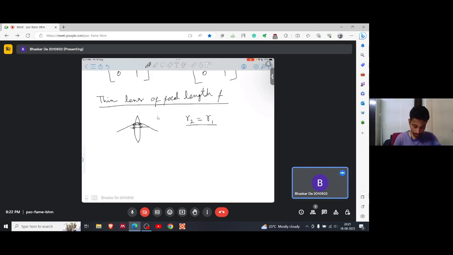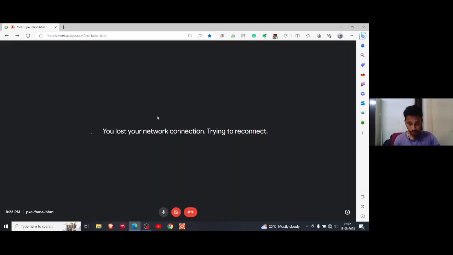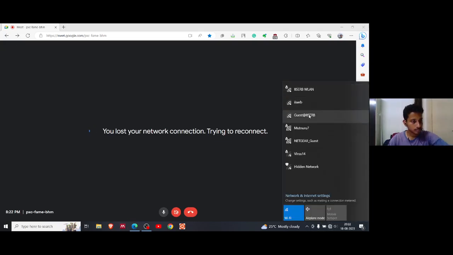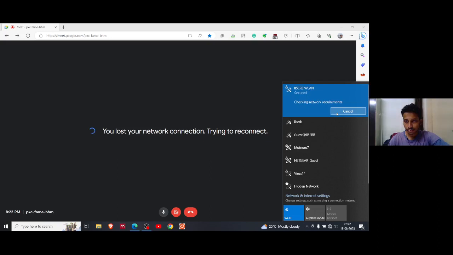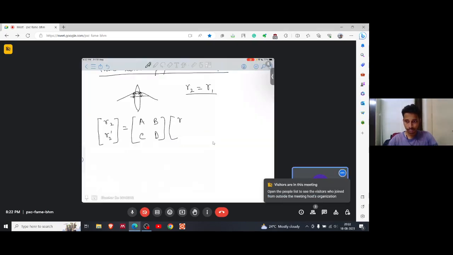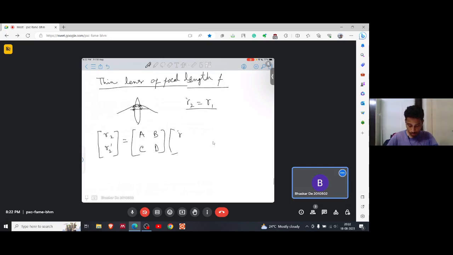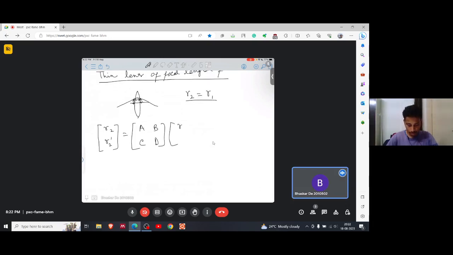Okay, so as I have mentioned, for the matrix method R2, R2 dash is equal to ABCD multiplied by R1, R1 dash.